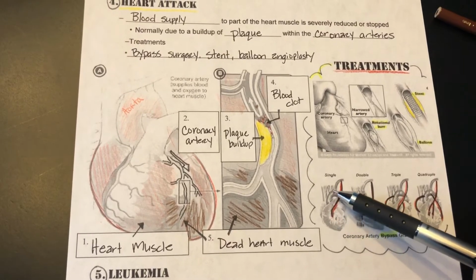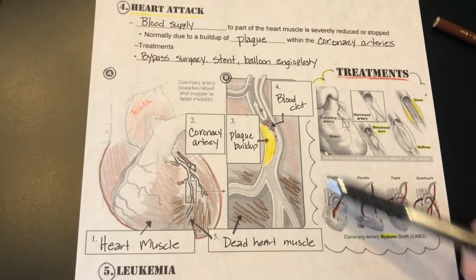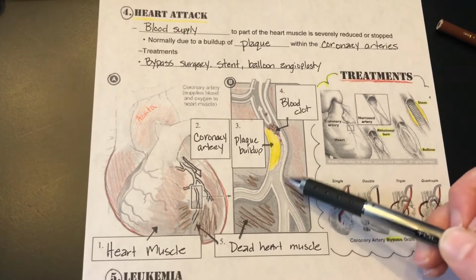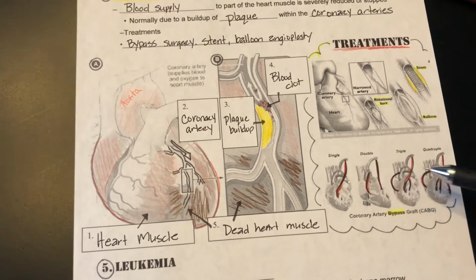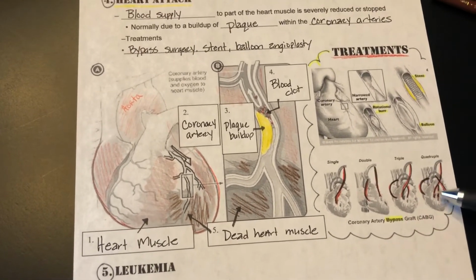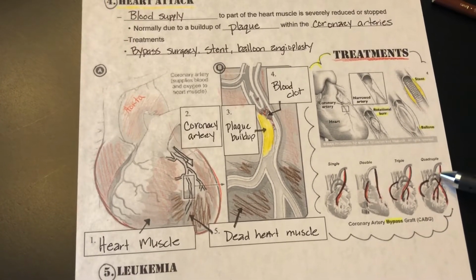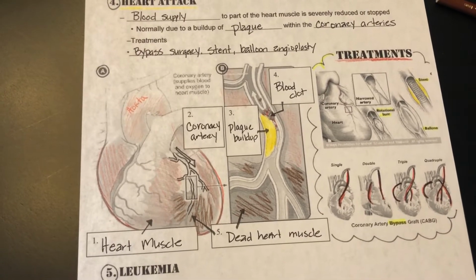So as oxygenated blood leaves the heart, it's going to come right back around and bypass the problem. So maybe they would connect it down here below where the problem is. You've maybe heard of a double, triple, and quadruple bypass. These are just how many arteries they hook up to the aorta or one of the branches of the aorta and bring oxygenated blood back around to feed the heart.